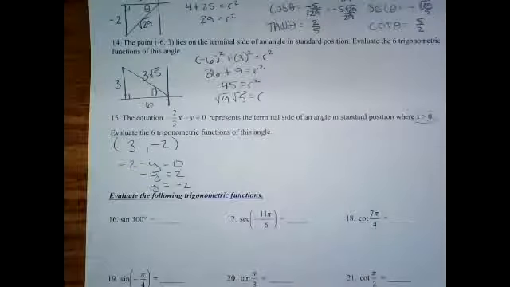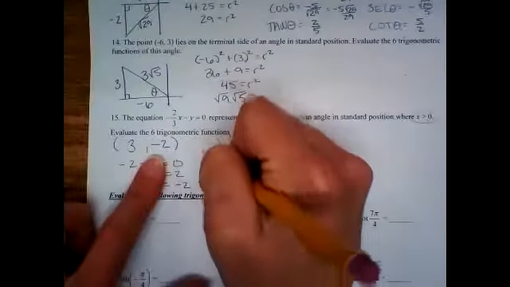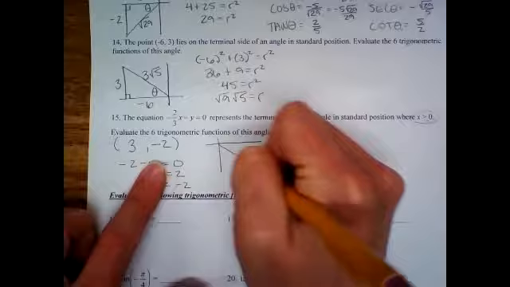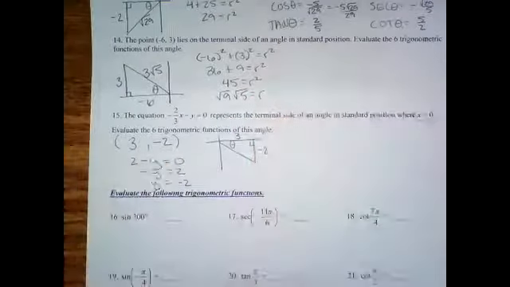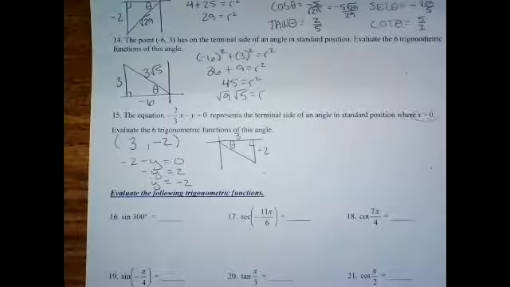So again, the only difference between 14 and 15 is for 15, you had to get the point yourself. Now let's draw the triangle. What quadrant would that be in? 4, perfect. So x is 3, y is -2. We're going to do Pythagorean theorem again.